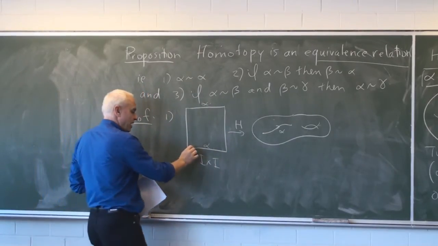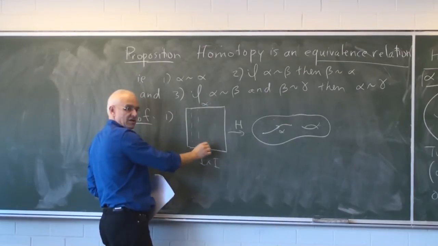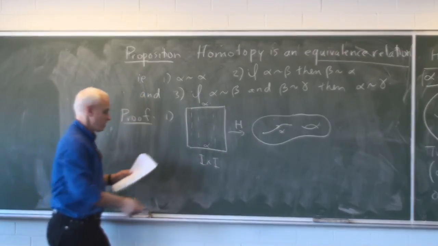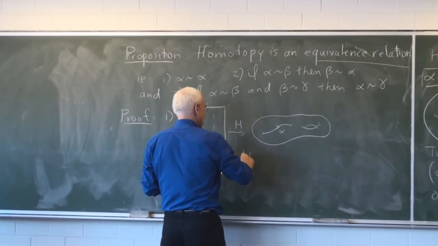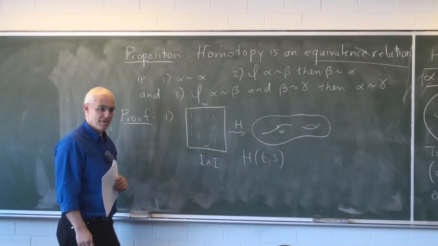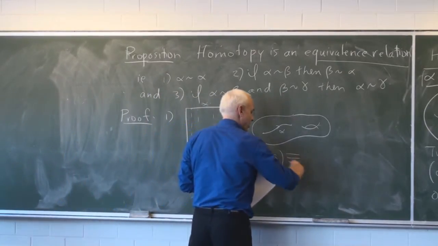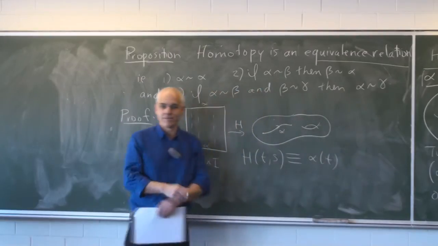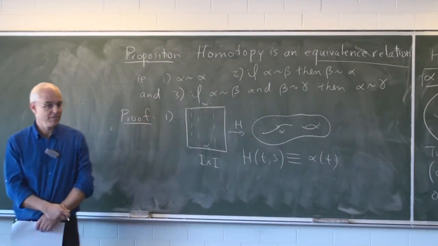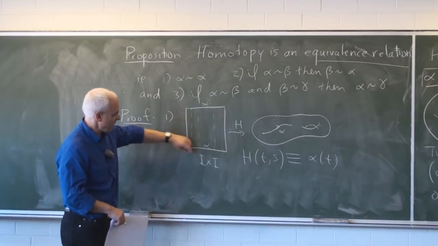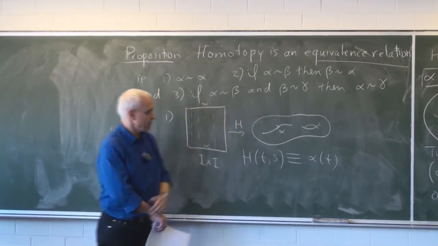And the obvious way to do that is simply to make this function constant on these vertical lines. So we define H of t and s to be, by definition, alpha of t. Then this defines a map from I cross I into the surface.